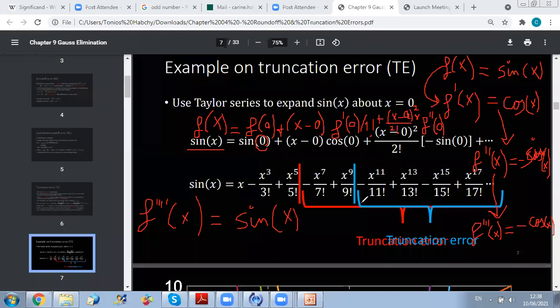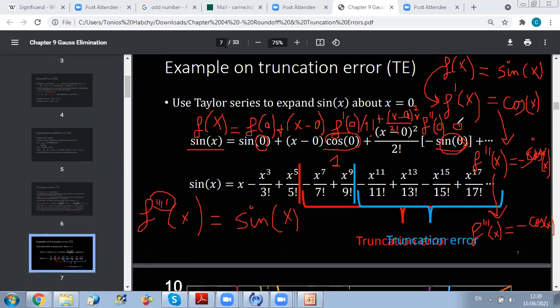So for example, in this case, cosine 0 is 1 and sine 0 is 0. So for even orders, such as f second and f fourth, which involve sine of 0, the terms for 2, 4, 6, 8, 10, etc. will be cancelled out because you are multiplying by sine 0, which is 0.